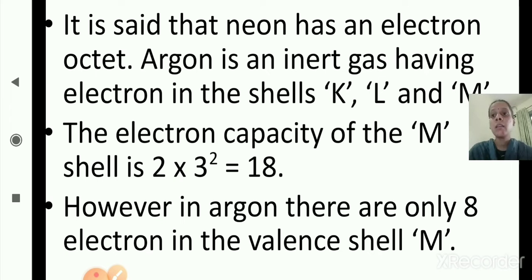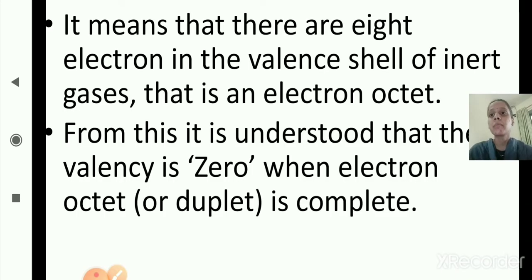So argon is also an electron octet, because in the outermost shell, the M shell, there are 8 electrons.